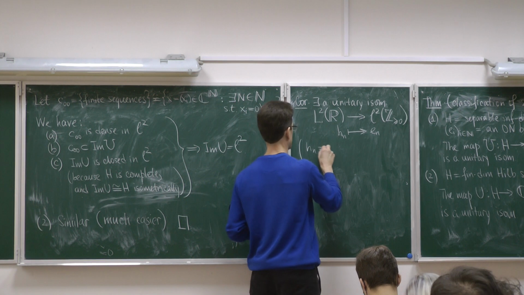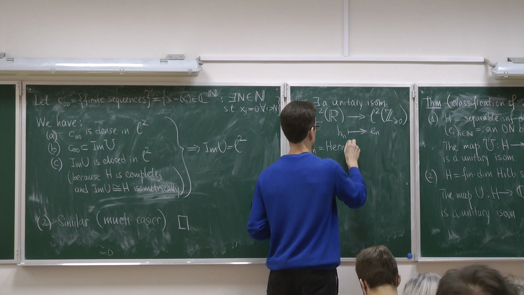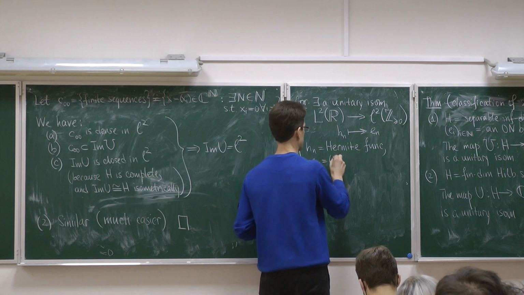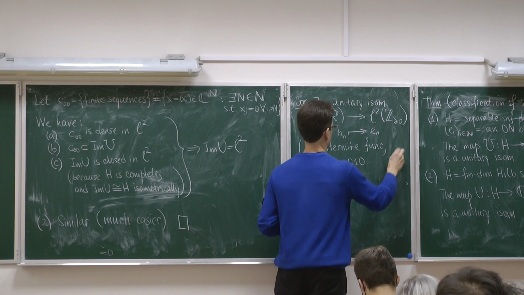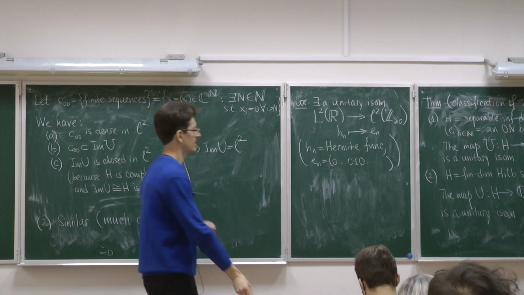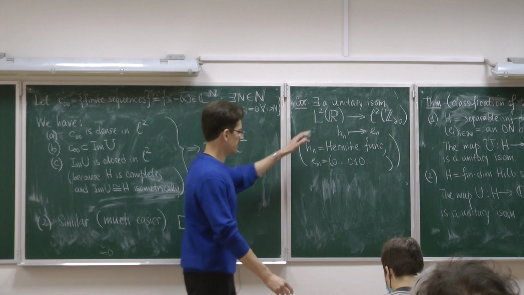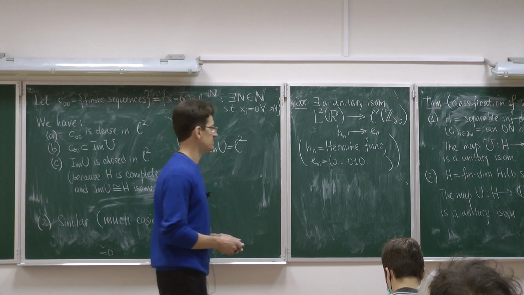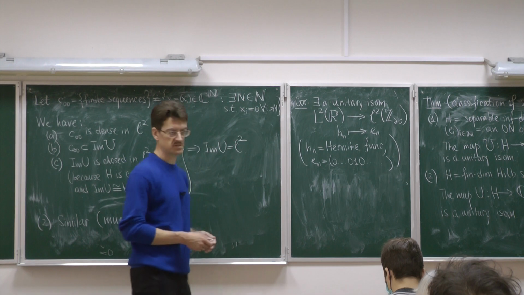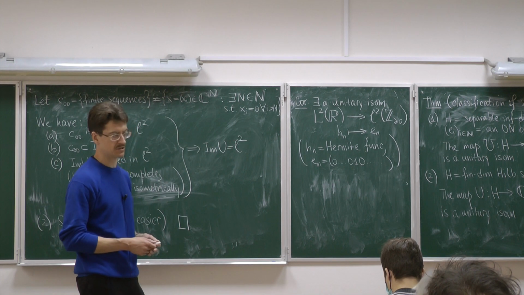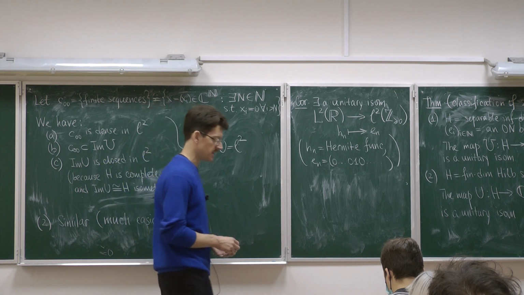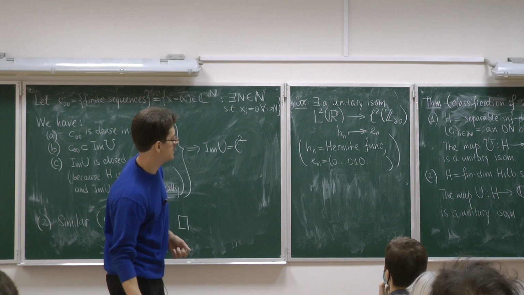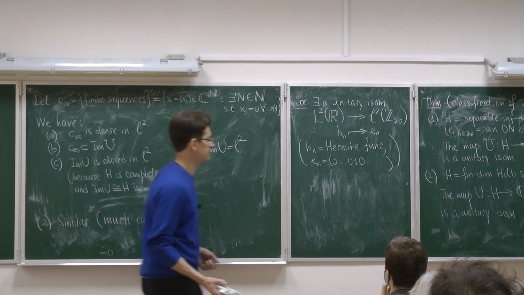So here Hn are Hermite functions, and En is the same En as before. This isomorphism has a deep physical meaning. In fact, this isomorphism establishes an equivalence between two mathematical pictures of quantum mechanics, namely the matrix quantum mechanics of Heisenberg and the wave mechanics of Schrödinger.